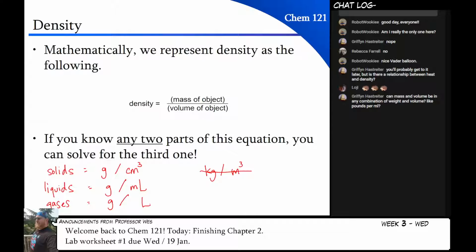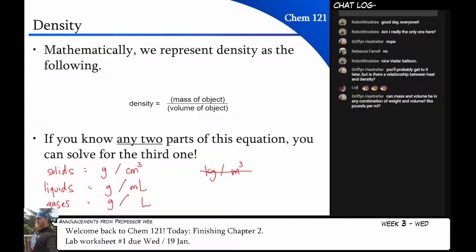Can mass and volume be any combination of weight and volume? In theory, yes. However, pounds is not a mass. Remember that. Pounds has to do with your mass times gravity. Actually, we may not have covered that in 121, or that may be in Lecture 1. I honestly can't remember. Your weight in pounds is not the same as your mass, not just numerically, but physically.